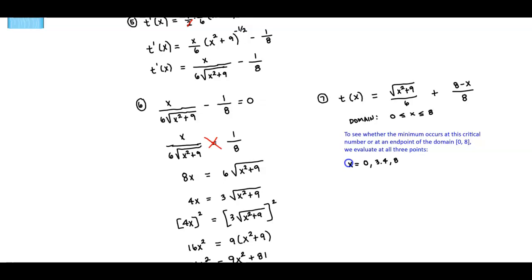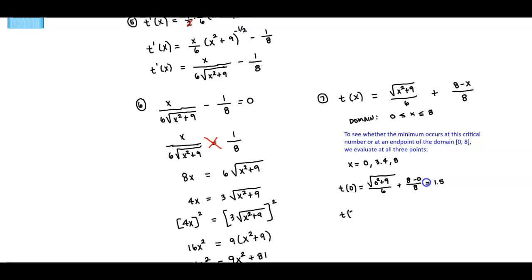So if we plug in T of 0 into the function, we have the square root of 0 squared plus 9, over 6, plus 8 minus 0, over 8, which gives us a time of 1.5.